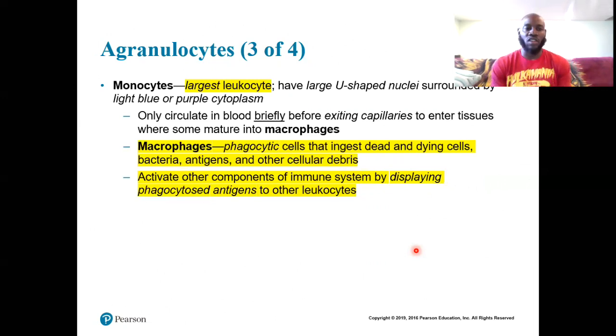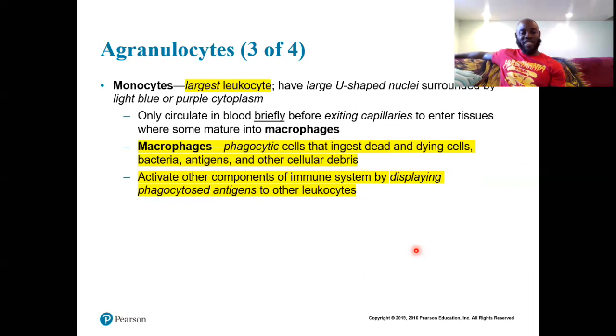All right, so this is the largest leukocyte. Only circulating in blood briefly before exiting capillaries to inner tissues, where some mature into macrophages. We've talked about macrophages a little bit already. These are phagocytic cells that ingest dead and dying cells.